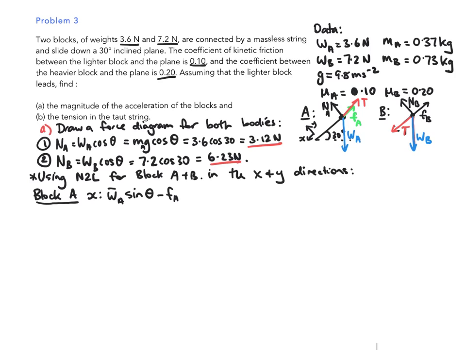I will leave the signs off the top of the vectors. We know they're vectors. So we're looking at balancing out the forces in this diagram here. We have a component that's down the plane this way, which is WA sine theta.